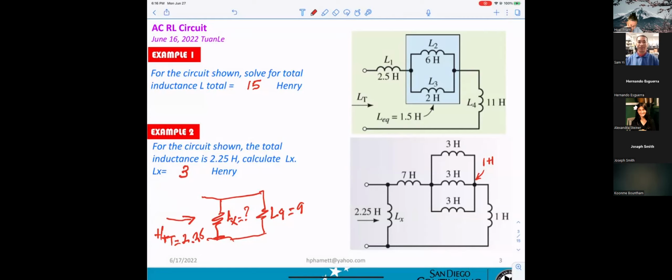That's LX parallel to L9, correct? But if you're looking from this side to the circuitry, they give you 2.25 Henry. So you know how the formula can work out. L total.